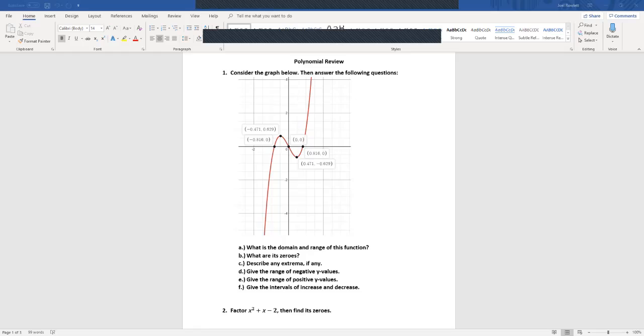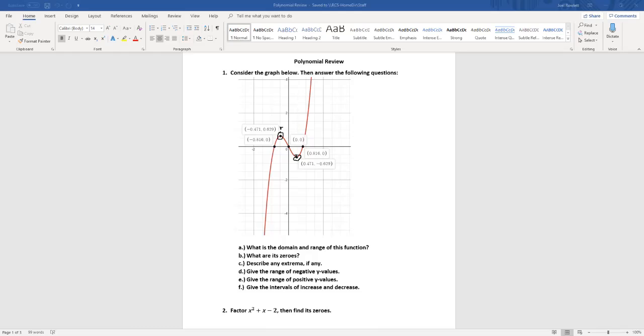Part C, describe any extrema, if any. Well, extrema occur whenever we reach a high or a low point, and we have 2 extrema. Here's one that's called a local maximum, and then here is one that is called a local minimum. They're not absolute maximums, and they're not absolute minimum values, but they are local. And to describe those, I would say, well, there is a maximum at the point negative 0.471, comma, 0.629.